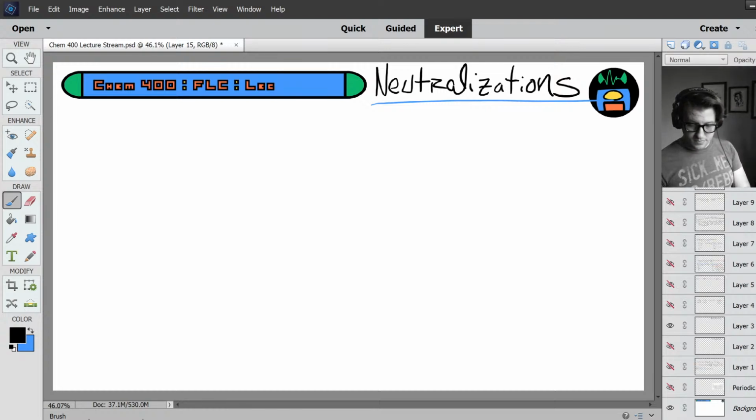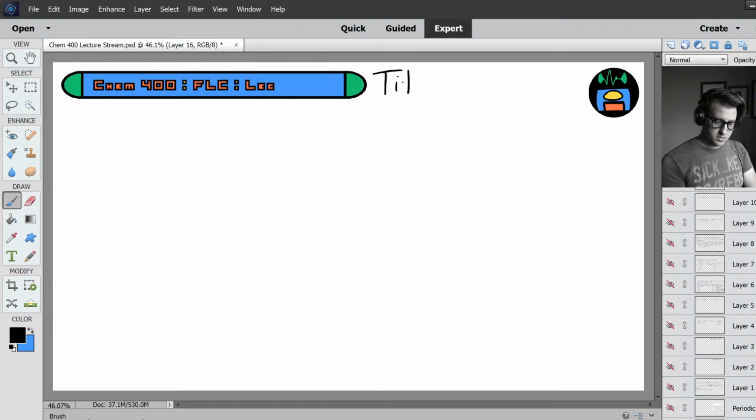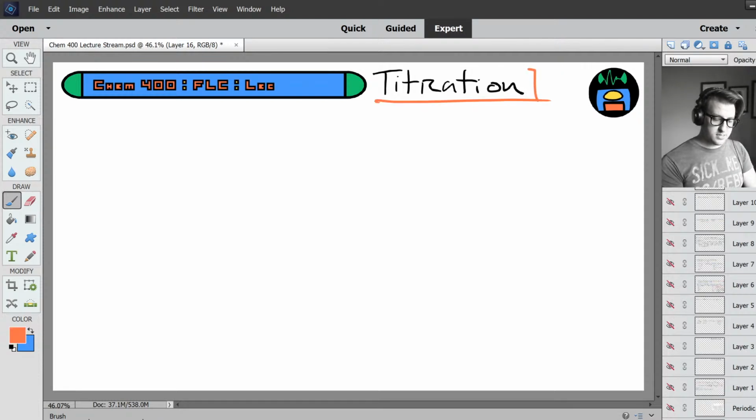Now, we're going to do a subtle shift here. We're still going to be dealing with neutralization reactions, but we're going to shift our focus to a type of experiment known as a titration. All right, a titration experiment.